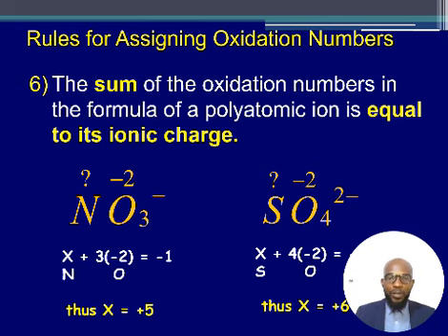For the sulfate ion, it has a charge of -2. So if you resolve the operation to look for the oxidation state of sulfur, the oxidation state of sulfur in that compound will be +6. So the sum of the oxidation numbers in the formula of a polyatomic ion must be equal to the charge the polyatomic ion is carrying.